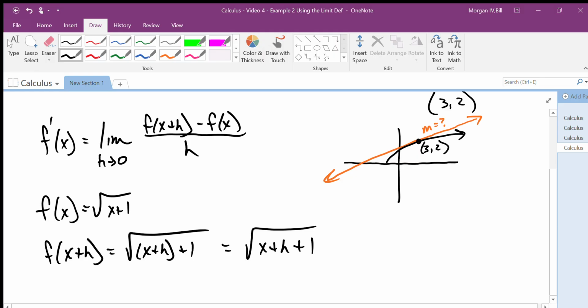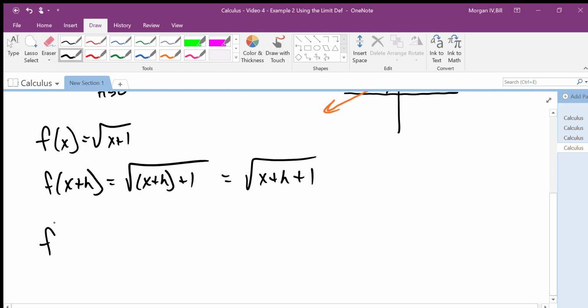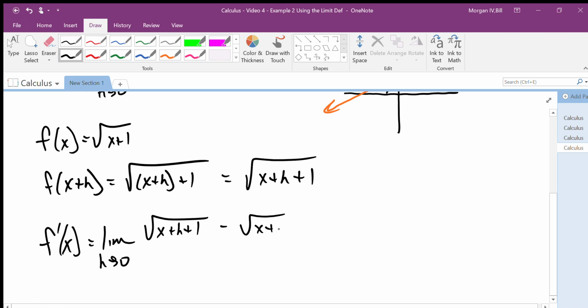That part wasn't too hard, but we'll see some additional difficulty when we try to do some cancellation. So f prime of x is the limit as h goes to 0 of f of x plus h, square root of x plus h plus 1, minus f of x, square root of x plus 1, over h.